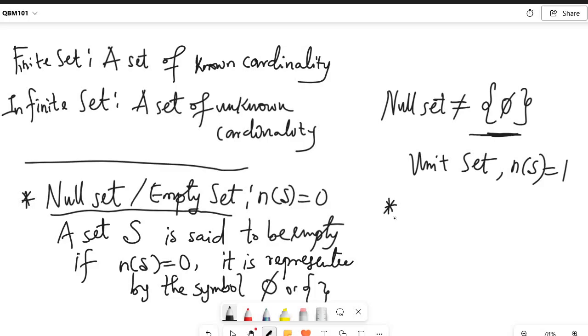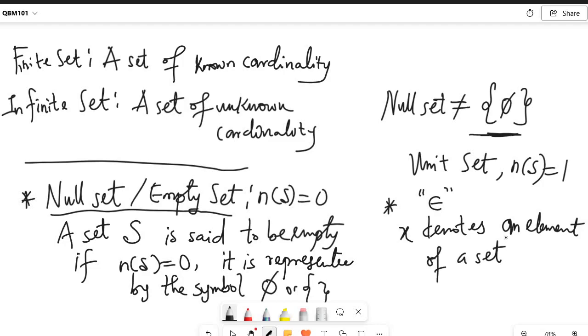What else do we need to know about sets? Basic notation is this symbol here. Let's say x denotes an element of a set. One important thing you must take note of is that just like English is a language, so is mathematics.